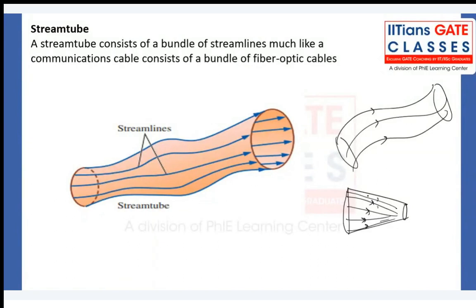In a 3D figure there will be a complete picture of streamlines, and when you make the tube by combining all these streamlines, you will find one stream tube structure. Not that important, but to have clarity we have to note it down.